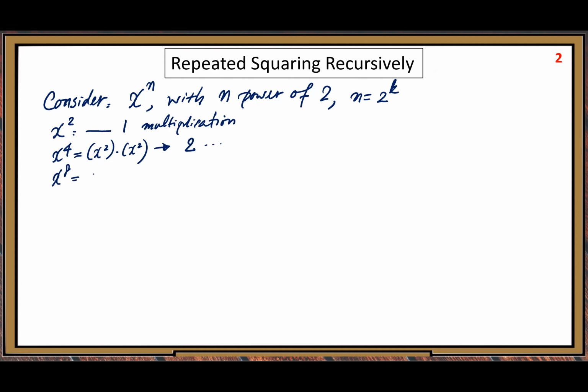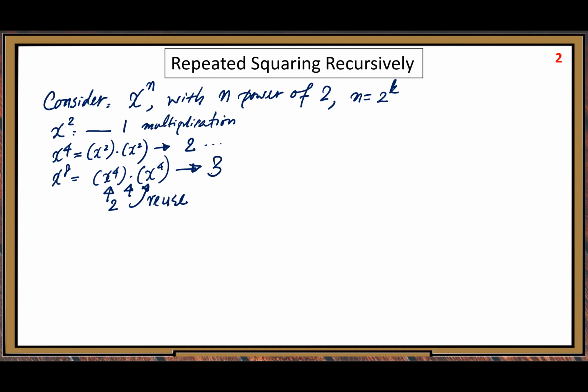The first x to the 4th, we pay two multiplications. That's the cost we pay. Then we just add 1 for the dot in the middle, but the second copy of x to the 4th, we reuse.